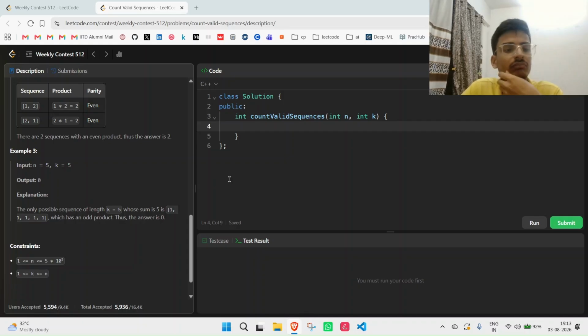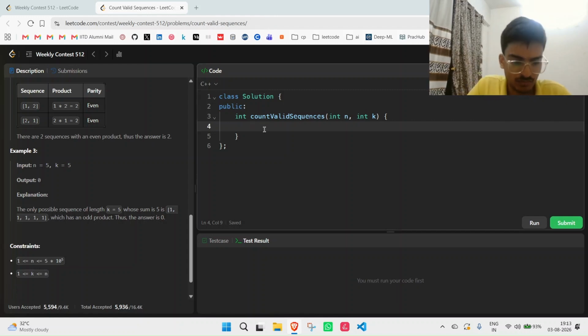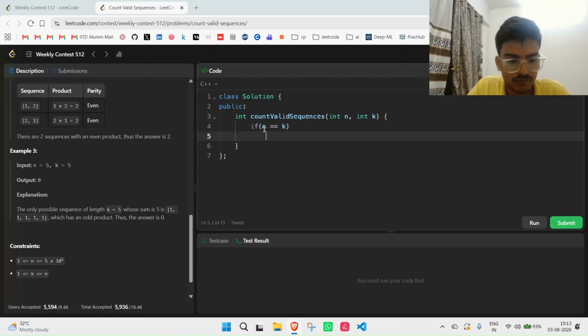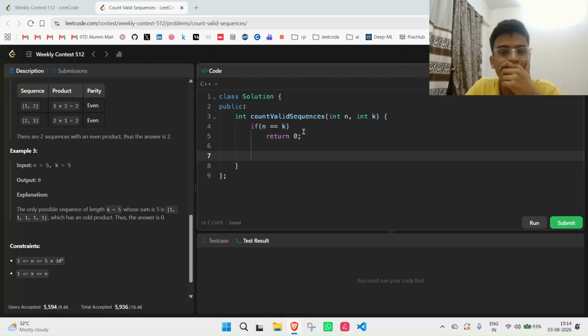N equal to 6 and k equal to 6. I have to take 6 integers that sum up to 6. So that's only one possibility, and the answer is 0 in that case. So if n is equal to k, then you can return 0 immediately.